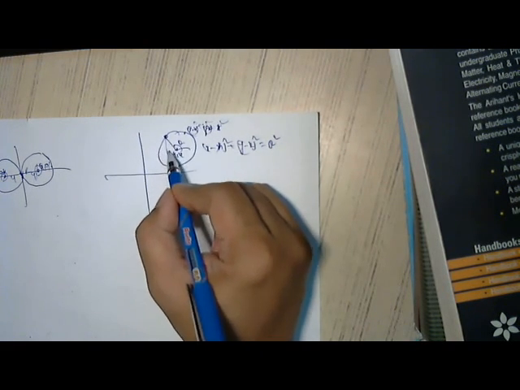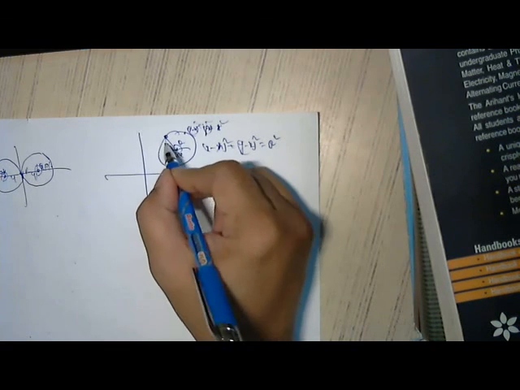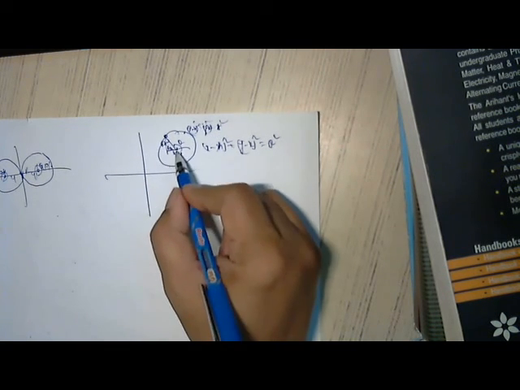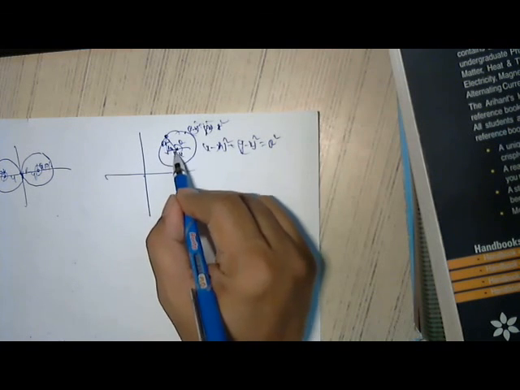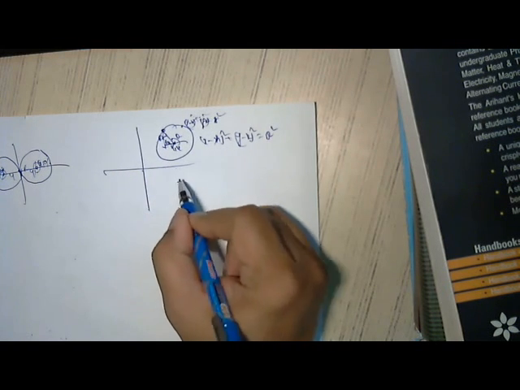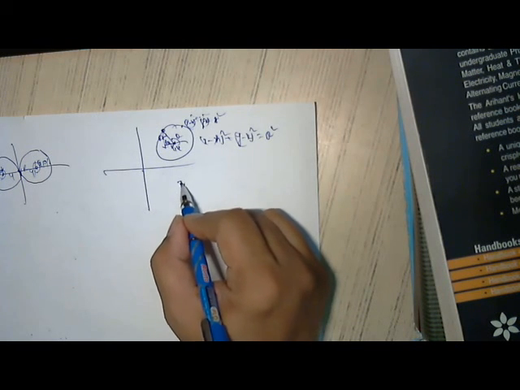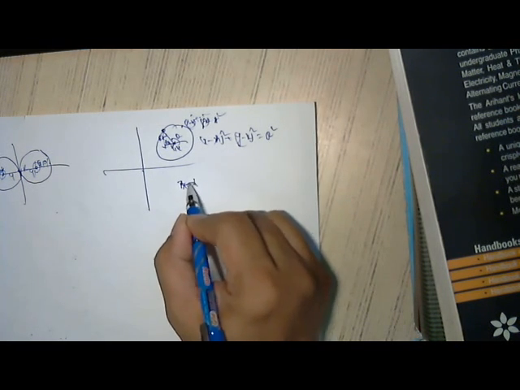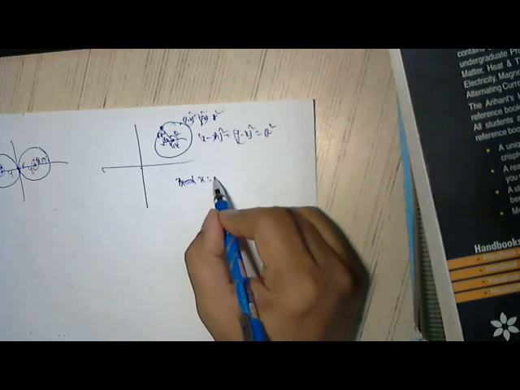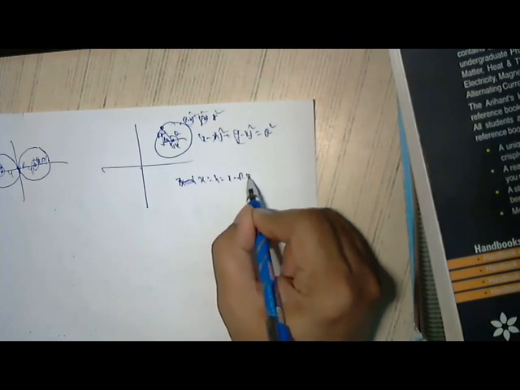So this is r cos theta and this is r sin theta. What is r cos theta? It is x minus h.